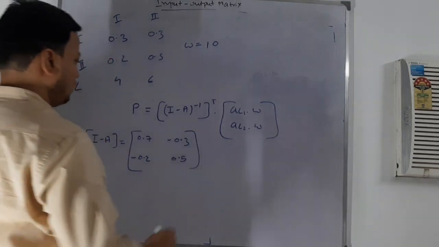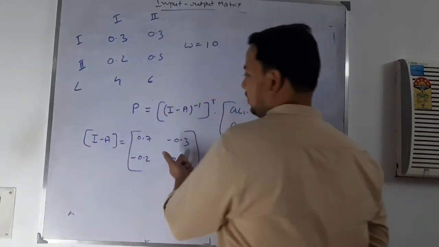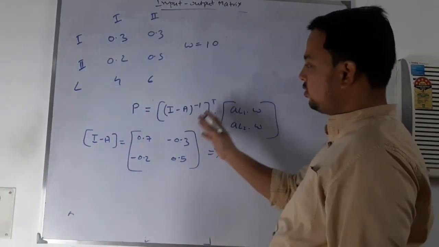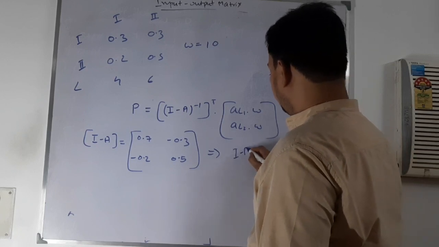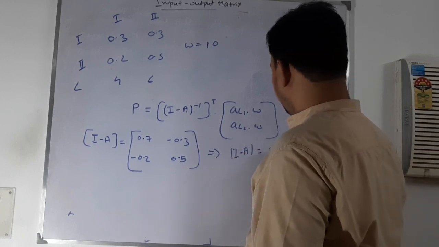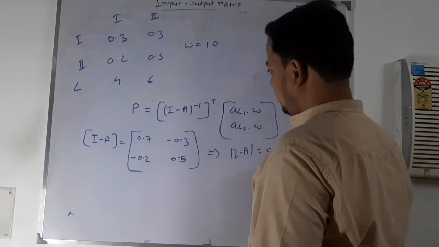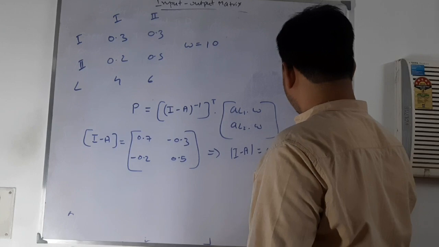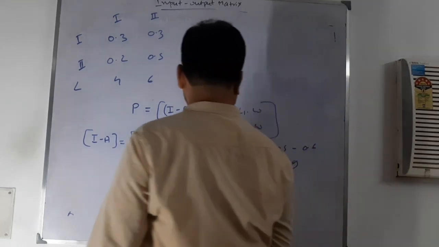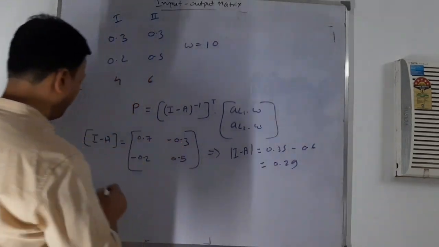Because here we also have to take out the determinant. So the I minus A determinant will be 0.35 minus 0.06 equal to 0.29. So the I minus A determinant we have got is 0.29.